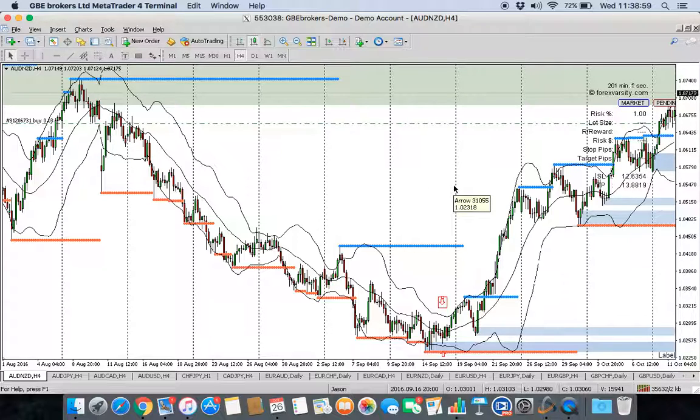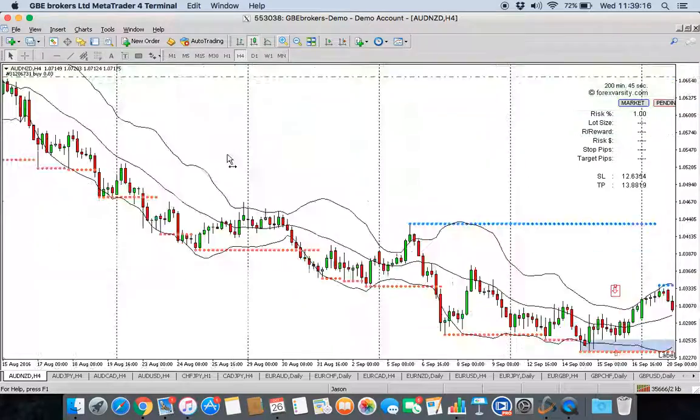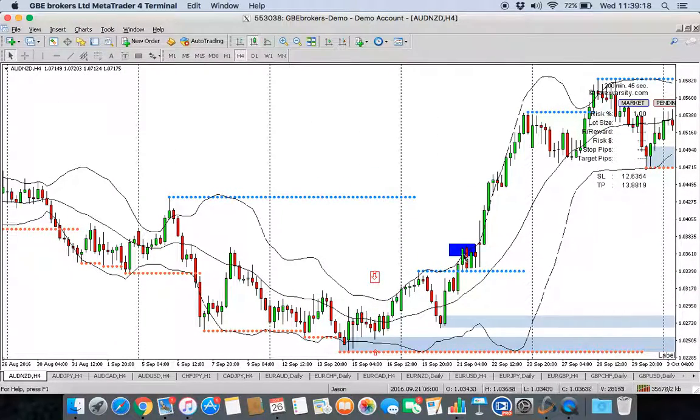Typically the best way to trade it is if price closes out. So say for example it closed out, I would have seen that as confirmation. So you guys, I'm sure you can see how it closed out of the Bollinger Bands over there. Okay, now closed out. Now we are waiting for price to close back in.